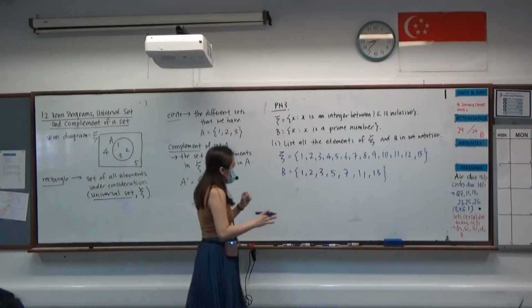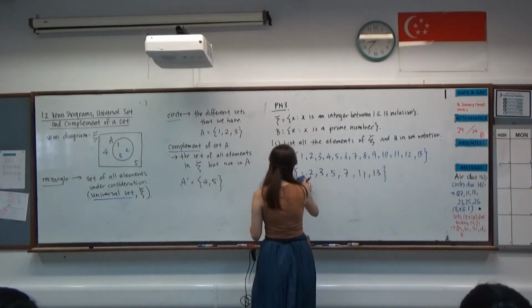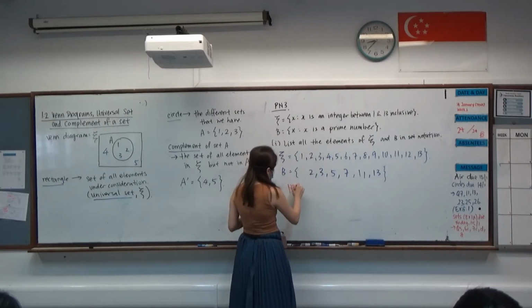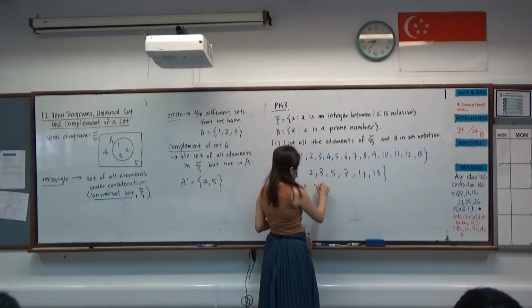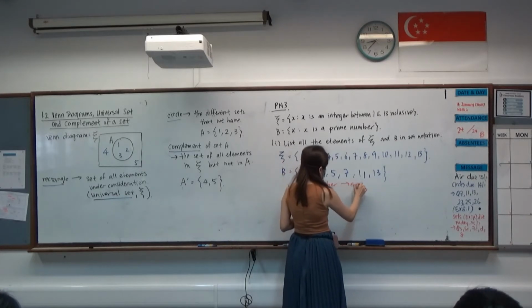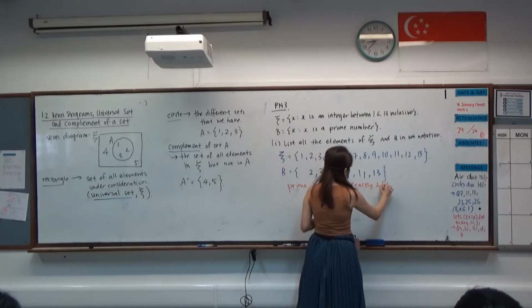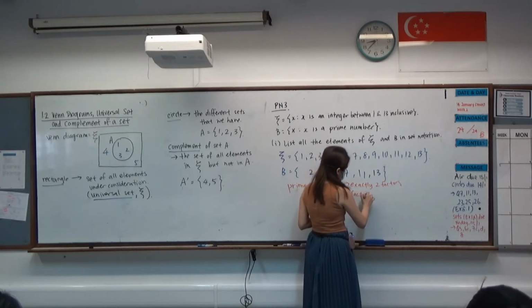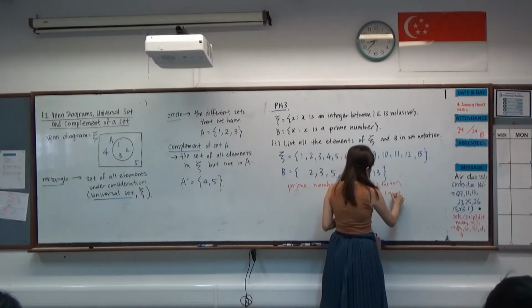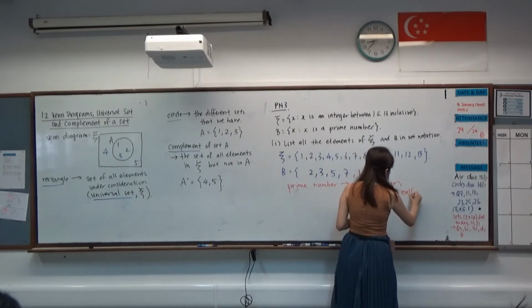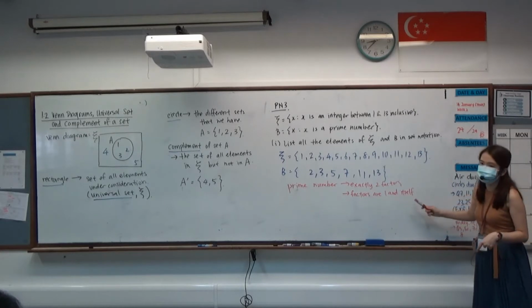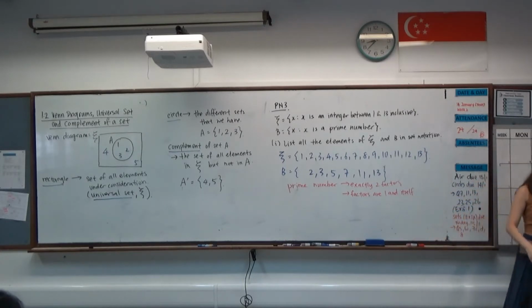No, so 1 is not a prime number, because the definition of a prime number is that it has exactly 2 factors, and the factors are 1 and itself. So for the number 1, it has only 1 factor because it's 1 times 1. So 1 and itself is both the same, so it's only 1 factor.